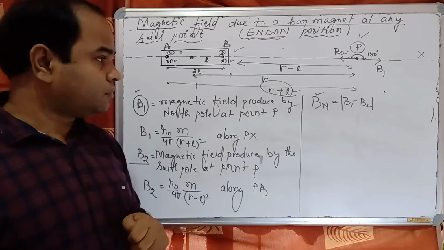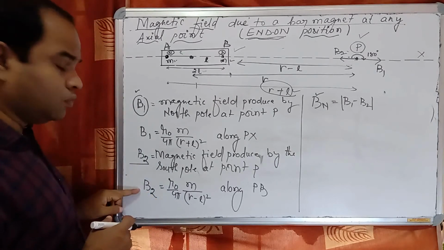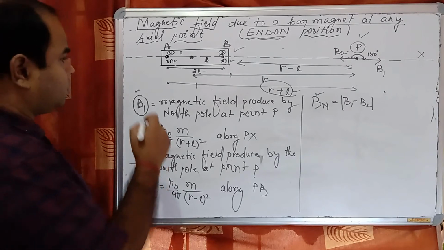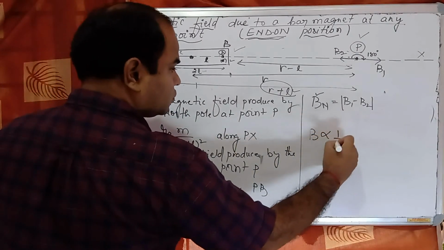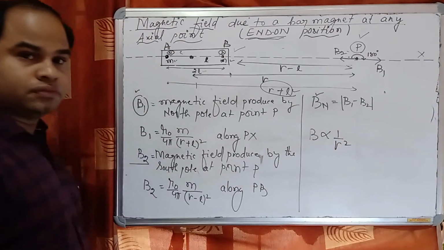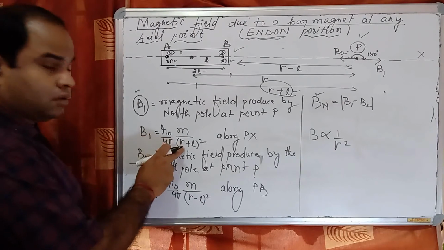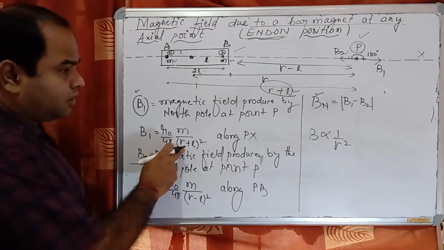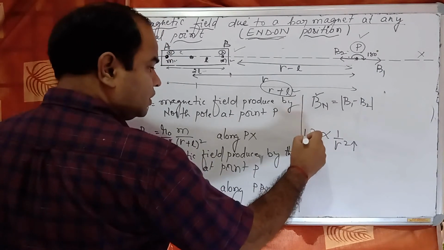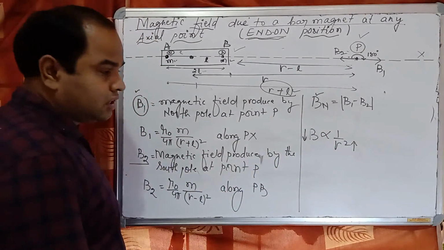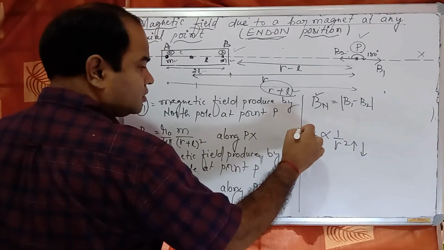If you see B1 and B2, B is inversely proportional to 1 by r square, that is, inversely proportional to distance square. So if distance is more, magnetic field strength is less; if distance is less, magnetic field is more.